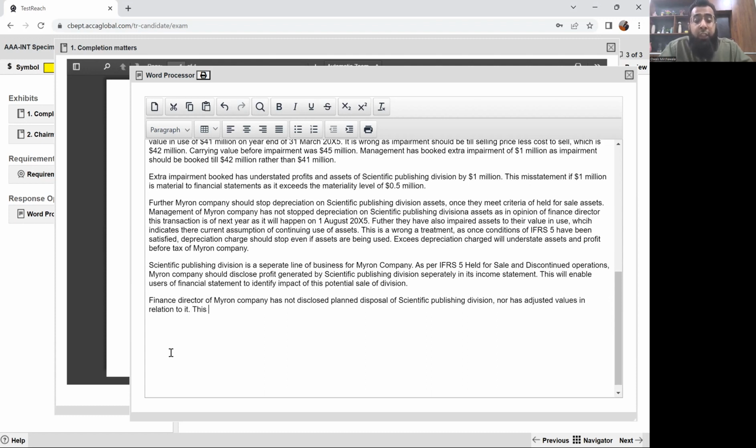This treatment is wrong and it will misstate disclosure notes also, along with misstatement in profits and assets. We have already identified the misstatements which can happen in profits and assets.